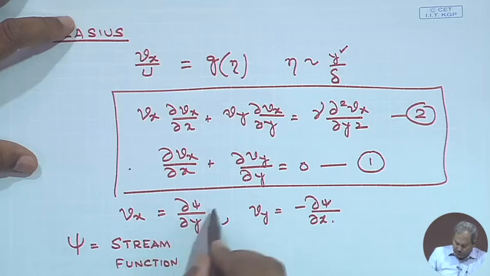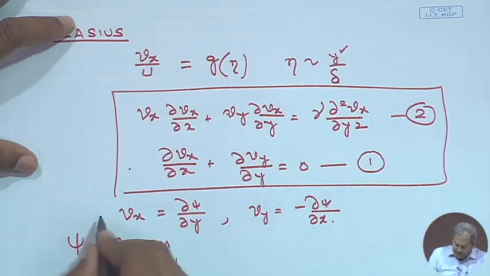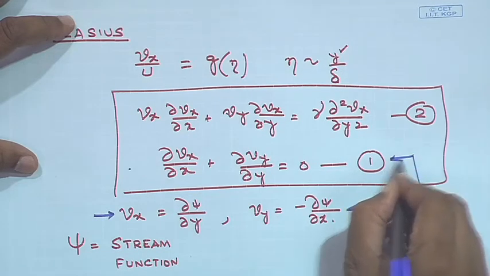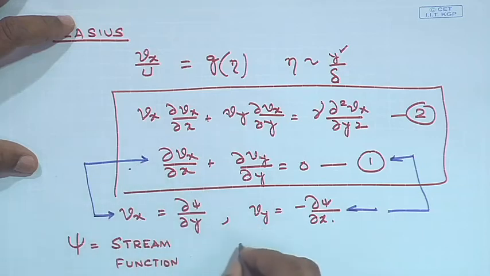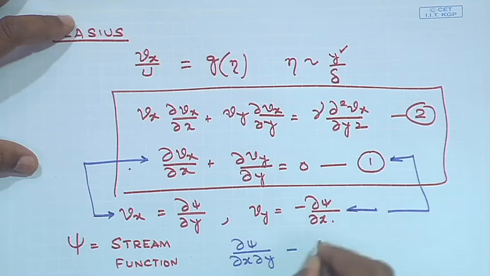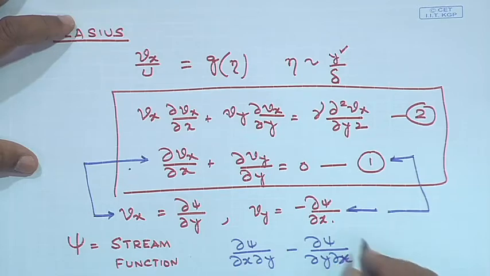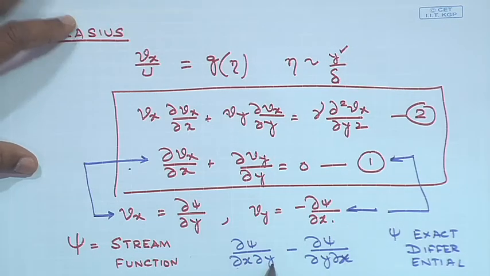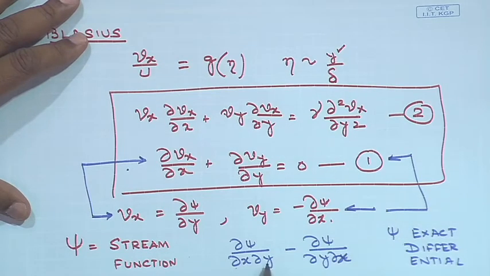So, if you look at these two definitions of Vx and Vy, and if you plug them into equation 1, what you would see is it is going to be del squared psi by del x del y, and this one is going to be del squared psi by del y del x. And psi being an exact differential, the order of the derivative is unimportant.